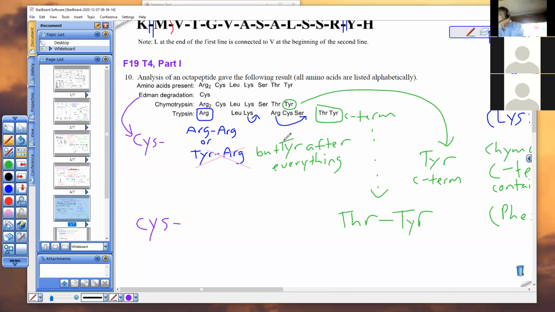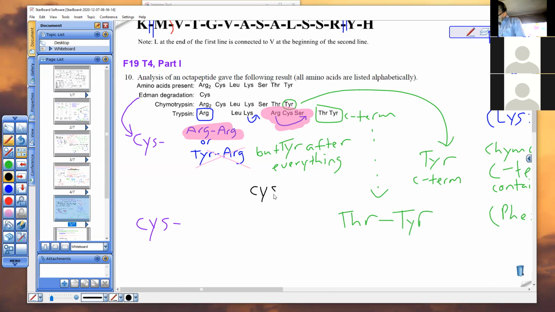We have to have Arg, and Arg has to be after Ser in this fragment. So right there, I know it's Cys-Ser-Arg. I'll put a pink highlighter on it, and combine those two together.